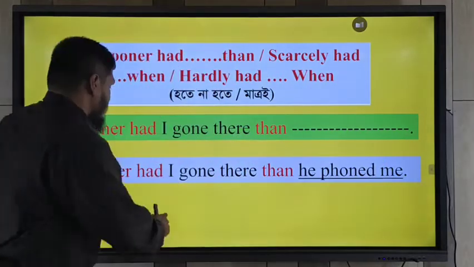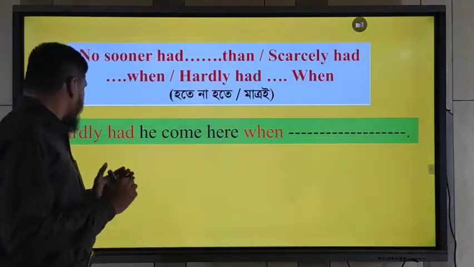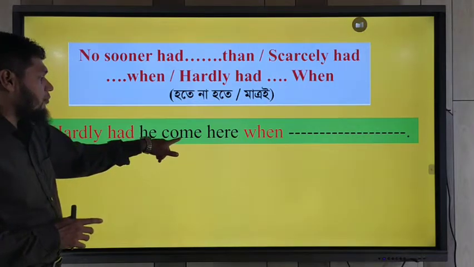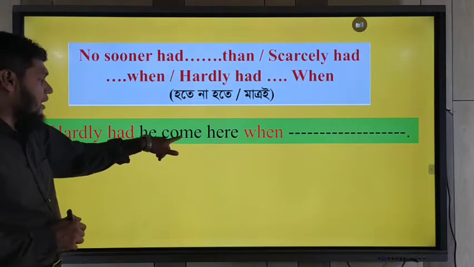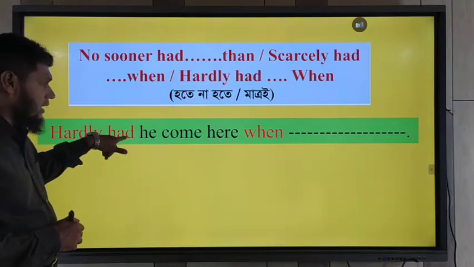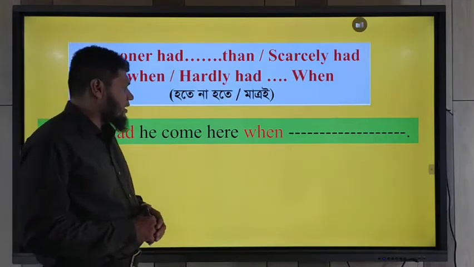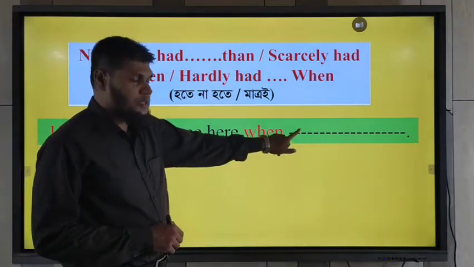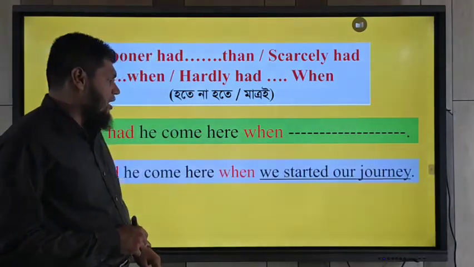Okay. So another example. Hardly had he come here. Come, past participle of the verb because there is had. So, hardly had he come here when, that means you should use a subject then verb.